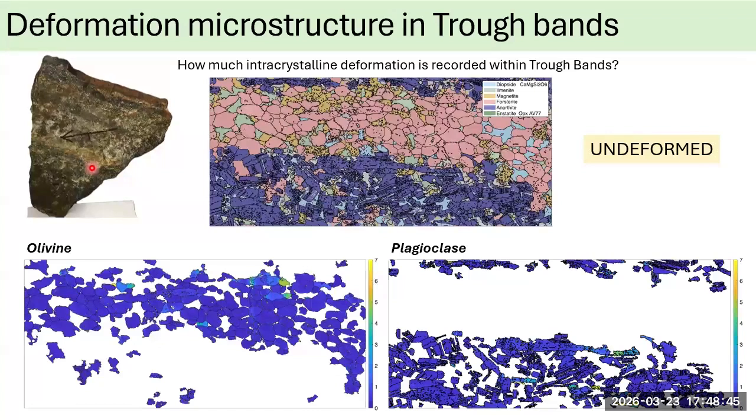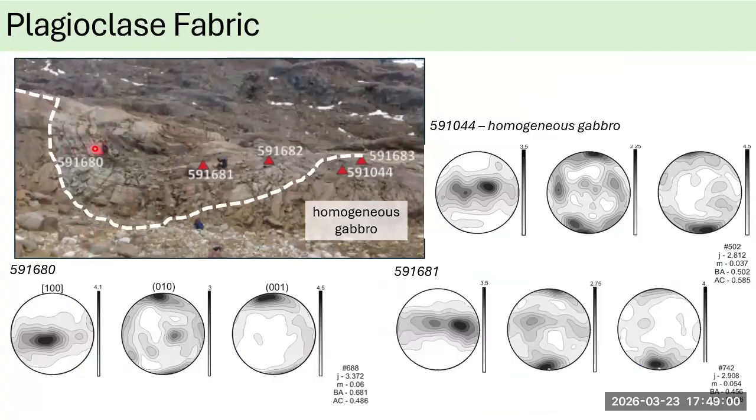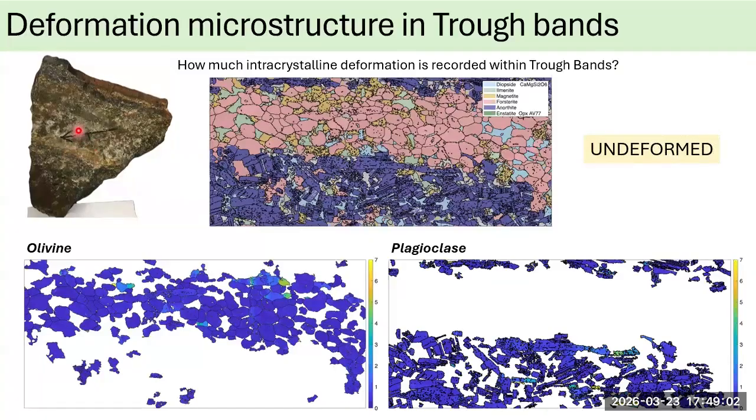We said that if we had compaction, we would also assume that some crystals are deformed. And I did say that they are a little bit deformed. So now, this is from a trough band. I'll show you where the sample is coming from. It's from here, and it cross-cuts a plagioclase-rich layer and an olivine-rich, or mafic, layer.